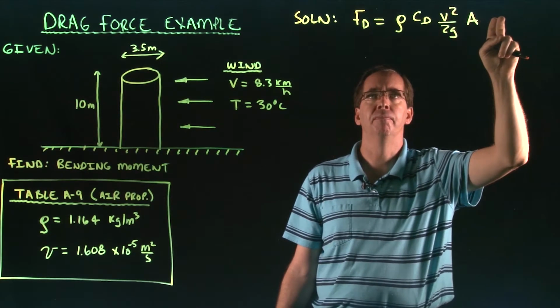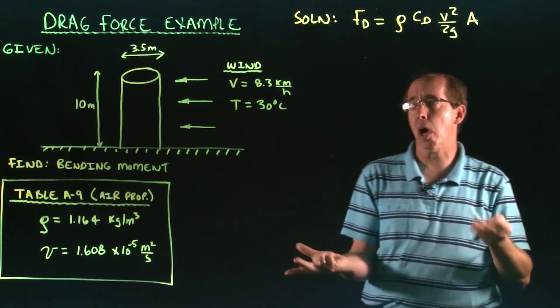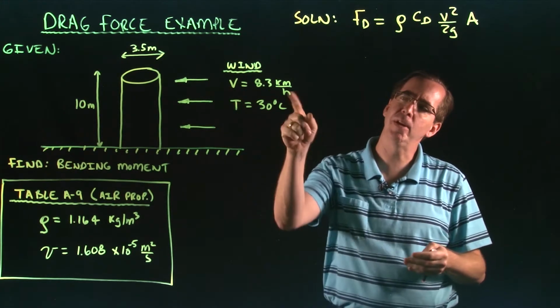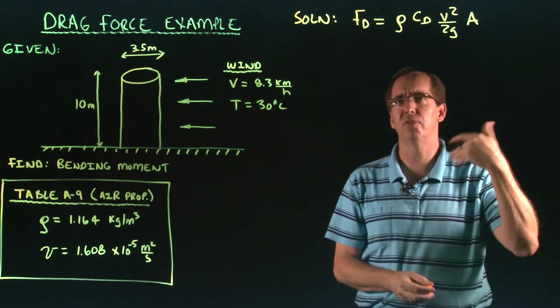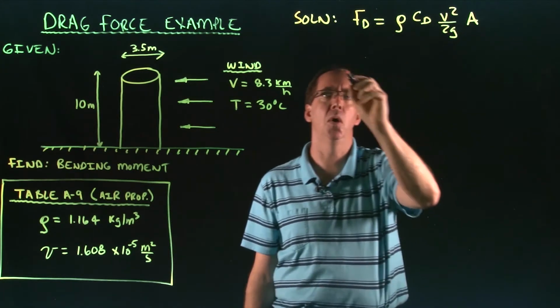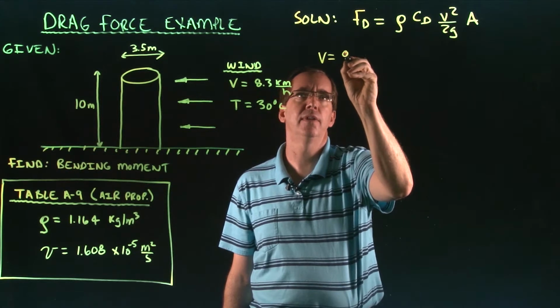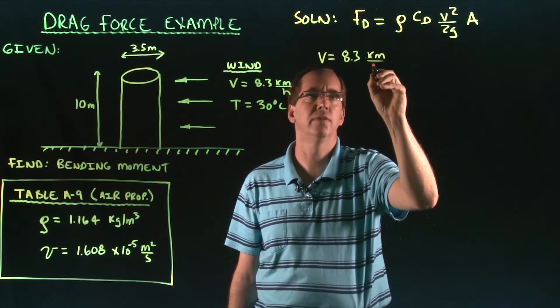When I look at this problem, first of all, I have to look at what we know. I know the velocity, but right now I have the velocity in kilometers per hour. It's not really convenient because we need to have it in meters per second so that we can work with all the other terms in consistent units. So the first thing I'm going to do is convert that velocity into more commonly used units.